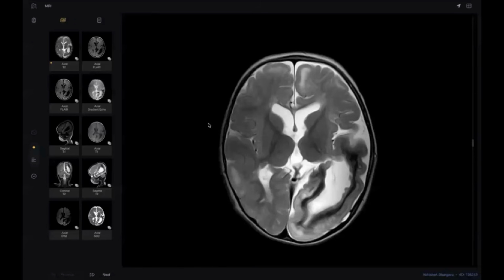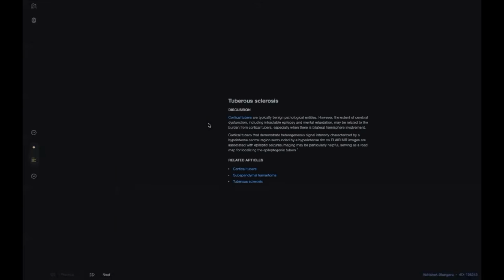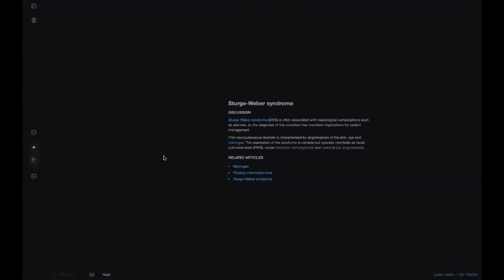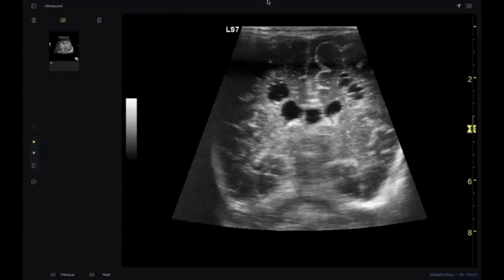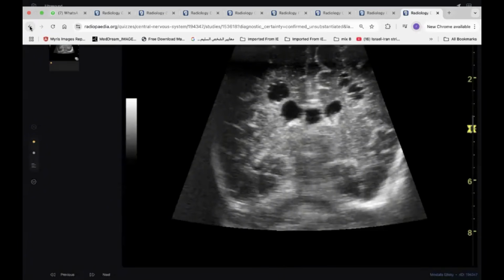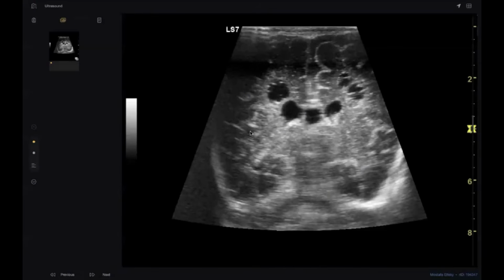Okay, so I'm presented with an MRI of the brain for a 2-year-old child with seizures and headache. Sorry, one second. What's happening? Okay, leave the mouse, doctor, please. I don't know what happened.